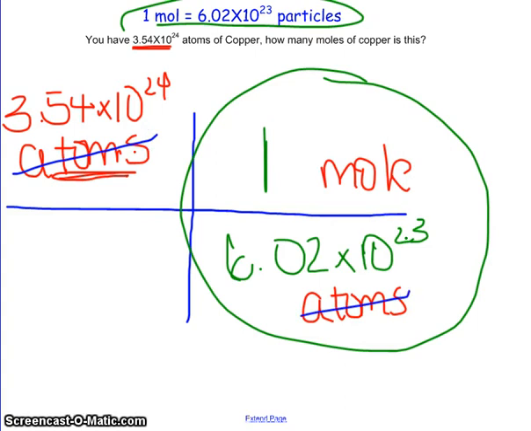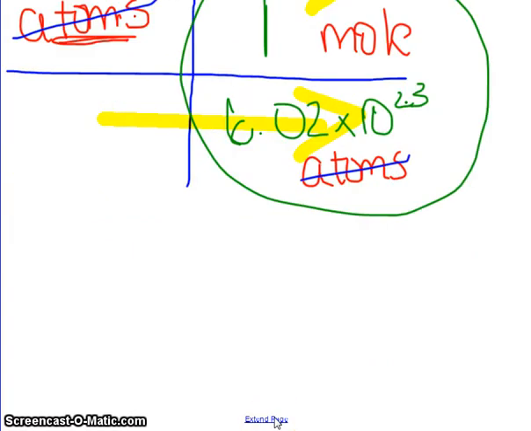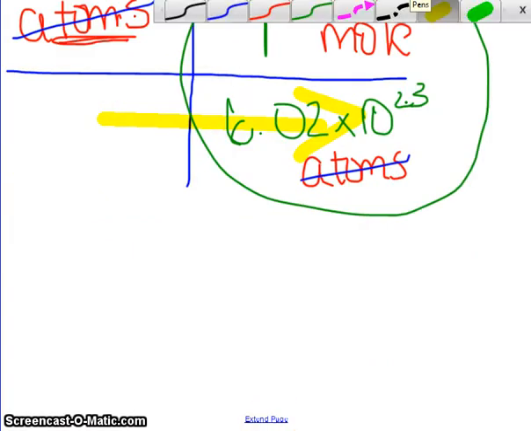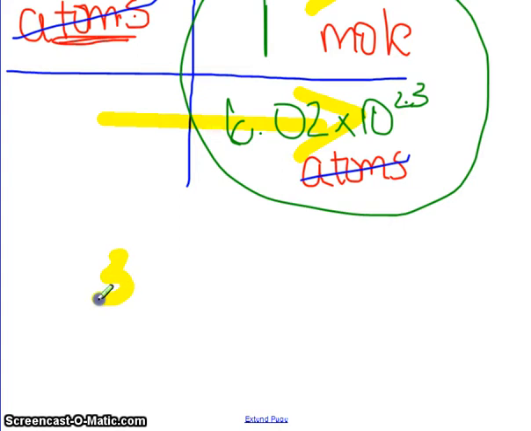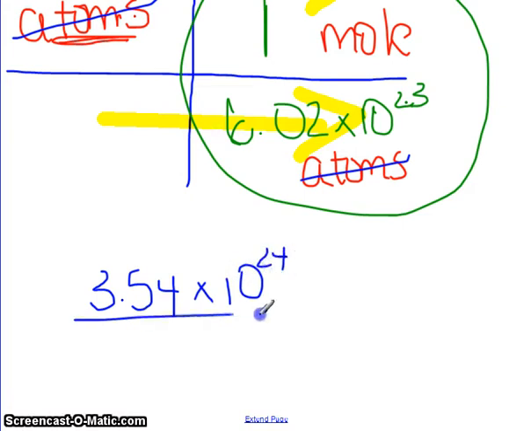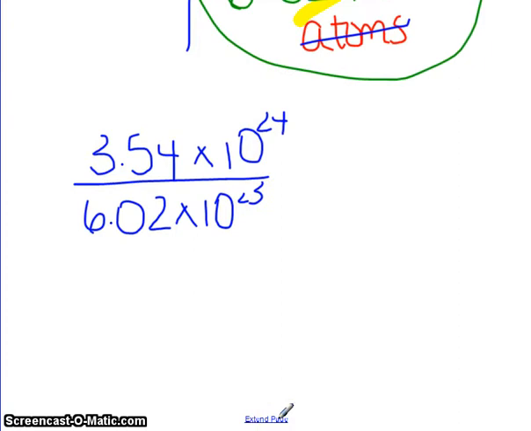All we have to do at this point is multiply across. So then we'll get 3.54 times 10 to the 24th over 6.02 times 10 to the 23rd. When it's over like this, that means we're dividing.